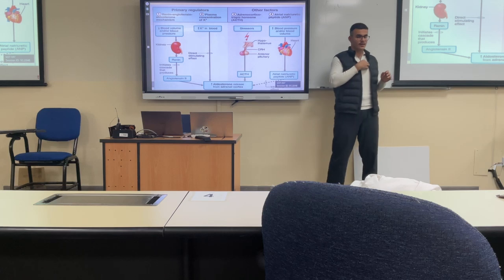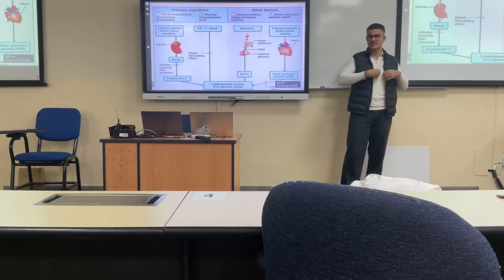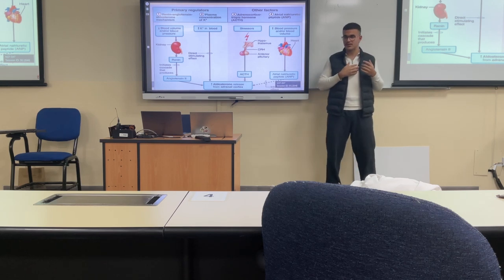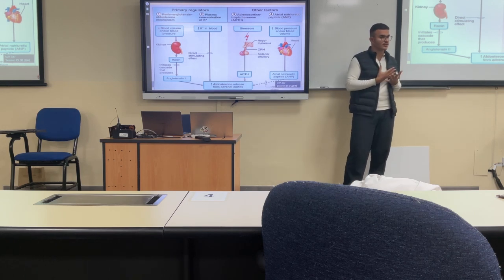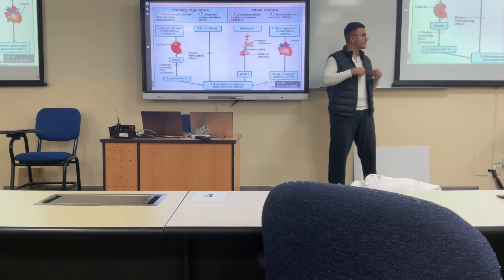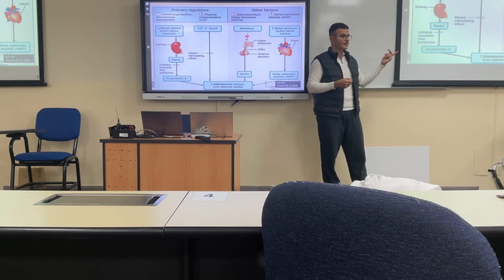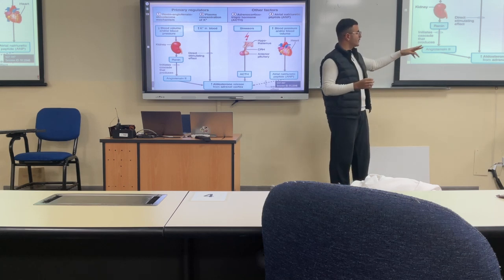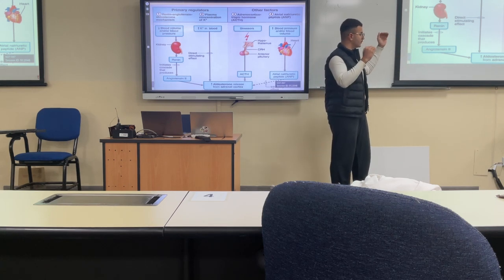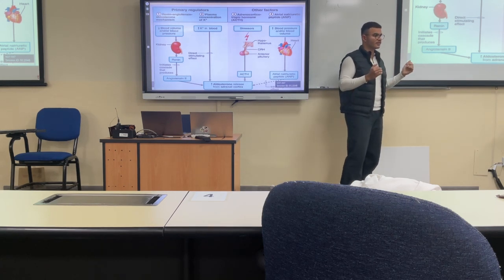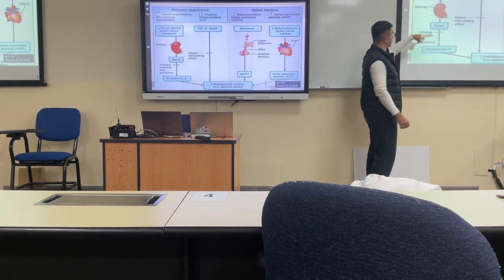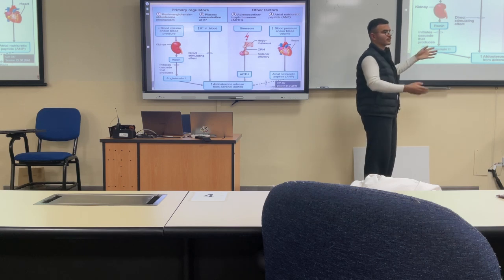Basically, the heart secretes this peptide when it senses there's high blood pressure, because the heart is constantly pumping blood. So when there's high blood pressure, the heart is going to sense this and secrete ANP, atrial natriuretic peptide. This ANP is going to inhibit aldosterone secretion and mainly inhibit the primary regulatory effect that causes aldosterone secretion.